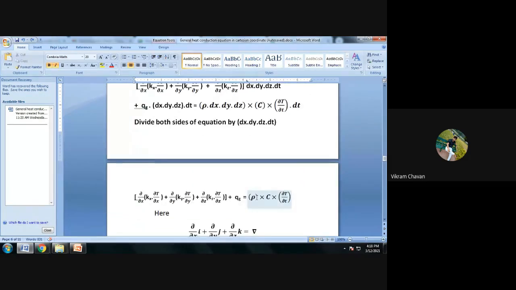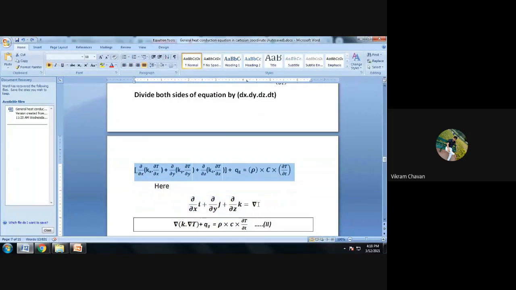Further we will get this equation after division, and we have introduced the del operator for ∂/∂x of i plus ∂/∂y of j plus ∂/∂z of k is equal to del.